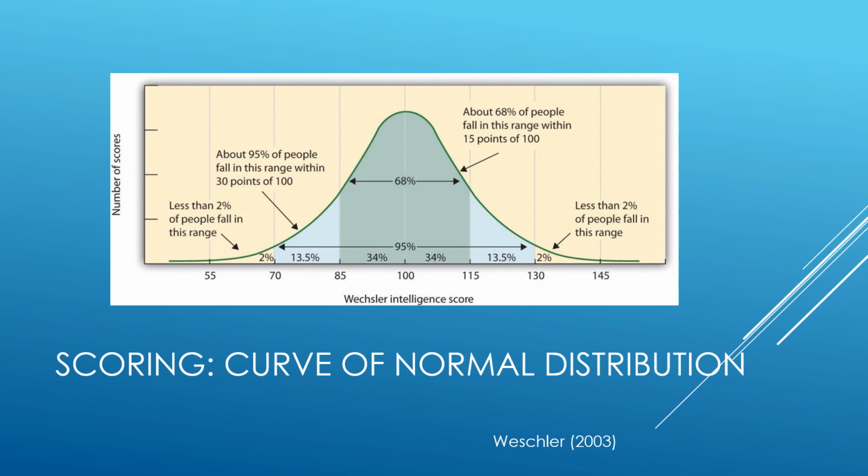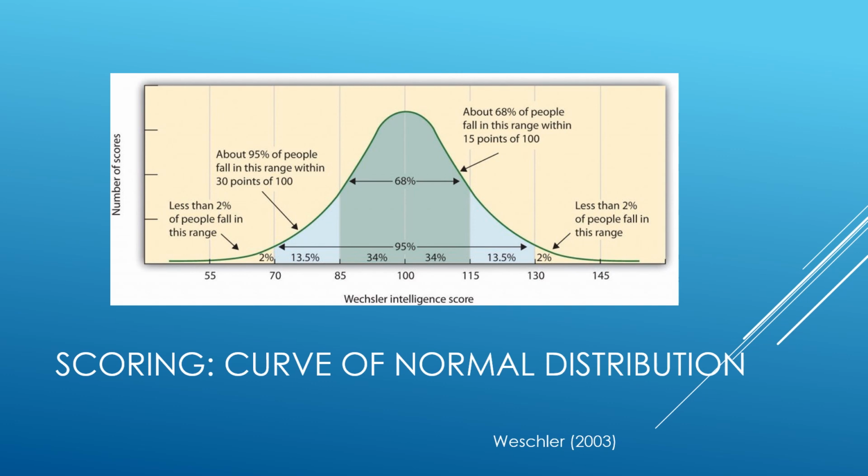Anything below 70 would be considered well below average, and less than 2% of people fall in this range. So anybody scoring on a standardized test below 85, but particularly below 70, would be scoring quite poorly.